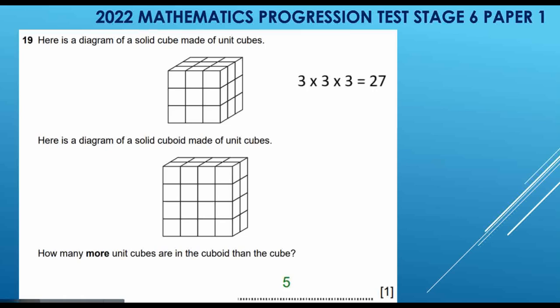Here is the reason. For the cube, this is 3. The length and the width are 3 and the height is 3. So altogether we have 27 unit cubes. Next, for the cuboid it is 4 times 2 times 4. So altogether it is 32, and we subtract 32 minus 27, which is 5. It is 5 more unit cubes. Next.